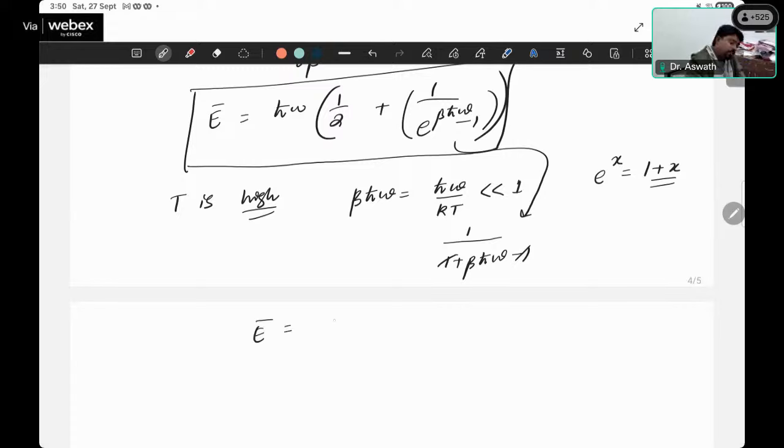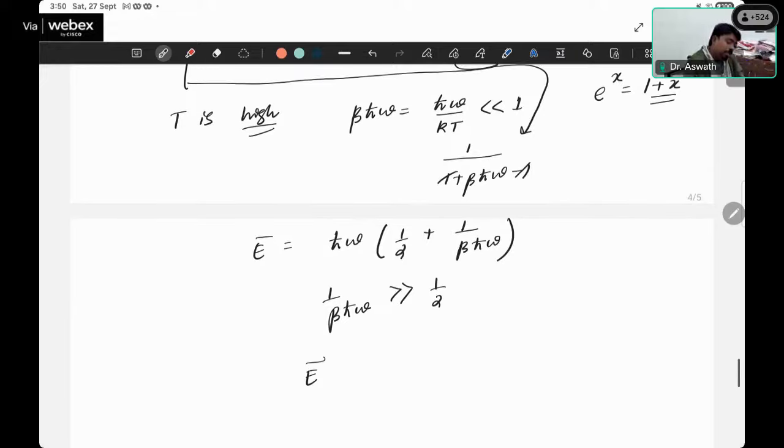So the average energy is h omega times 1 by 2 plus 1 by beta h omega. Now when beta h omega is much smaller than 1, the inverse of beta h omega is much larger than 1. What I mean is 1 by beta h omega would be much larger than 1 half.